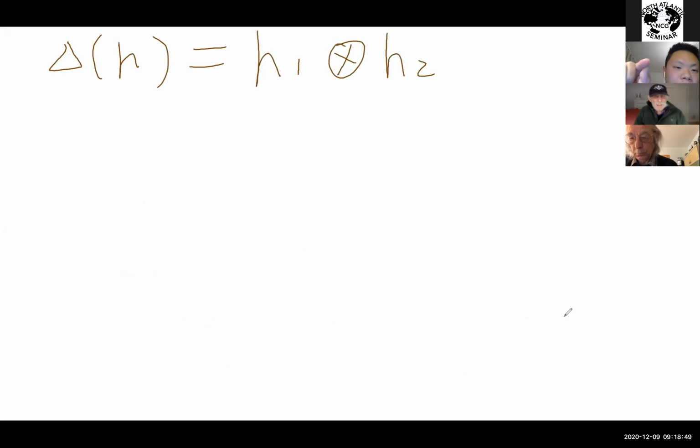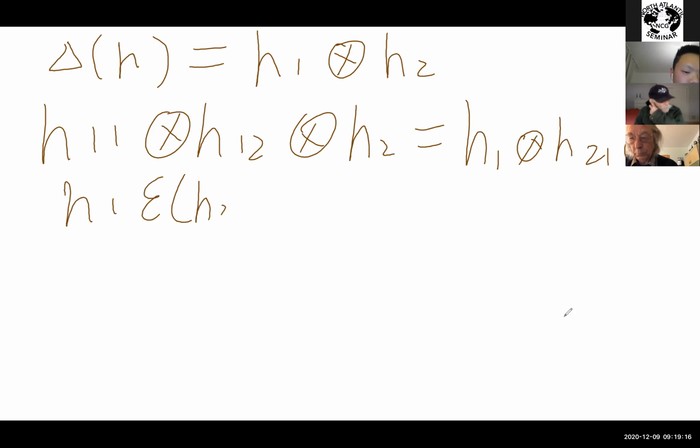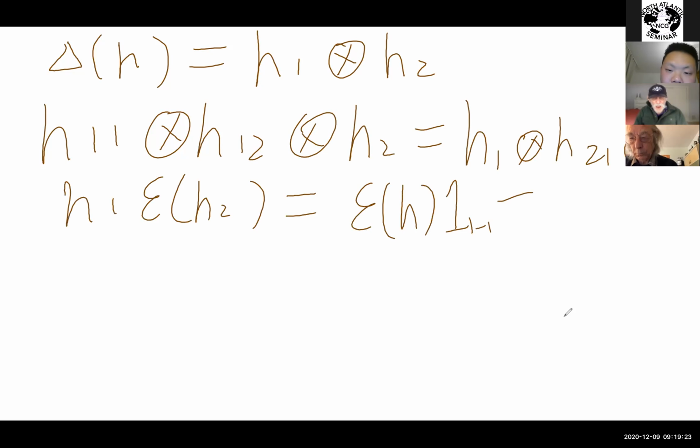Okay, so if I write them in Sweedler notation, we can write Δ(h) equal to h_1 tensor h_2, and the coassociativity means h_11 tensor h_12 tensor h_2 is equal to h_1 tensor h_21 tensor h_22. Okay, and the counit condition means h_1 times ε(h_2) is equal to ε(h)1_H, and this is also equal to ε(h_1) h_2.